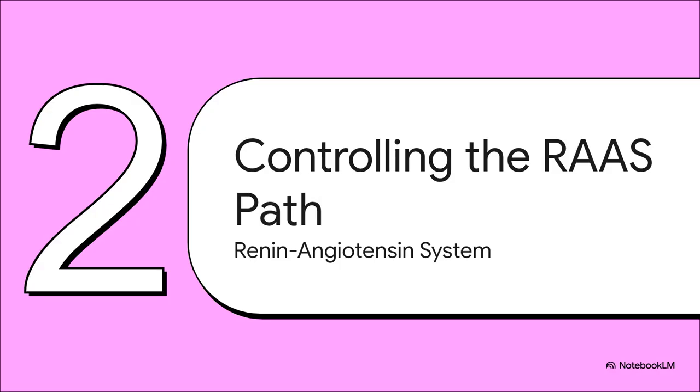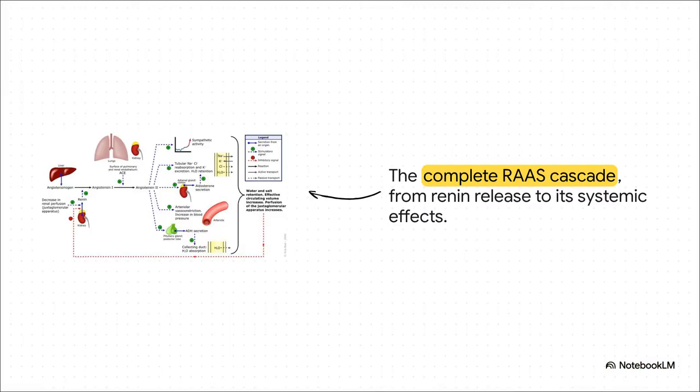Okay, let's move on to one of the most critical and pharmacologically important regulatory systems in the entire body, the renin-angiotensin-aldosterone system, or as everyone calls it, RAS. This diagram is fantastic because it shows us the entire RAS cascade. Let's just walk through it. It all starts in the liver, which is just constantly churning out a protein called angiotensinogen.